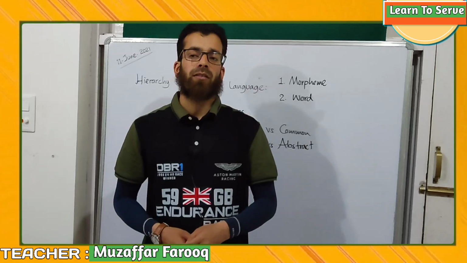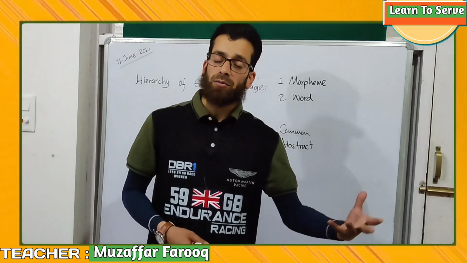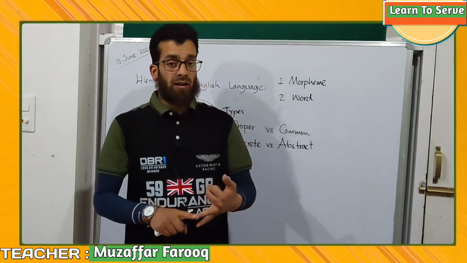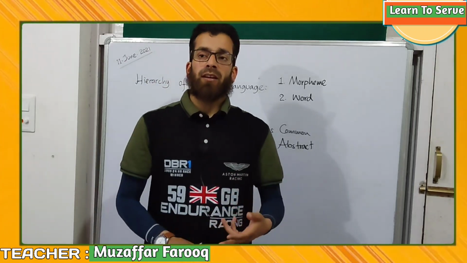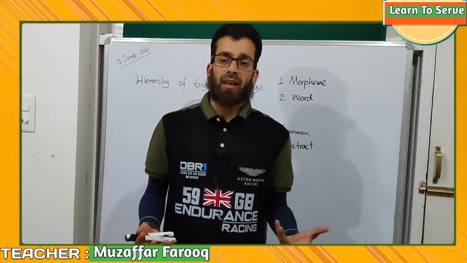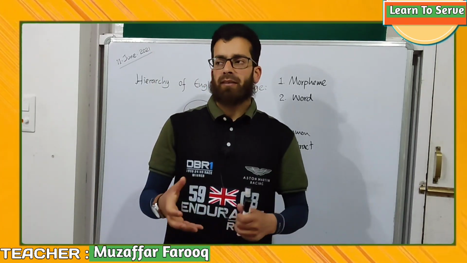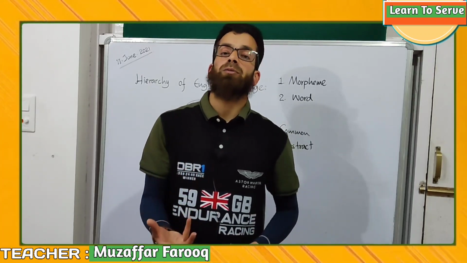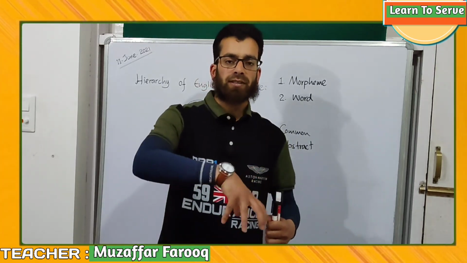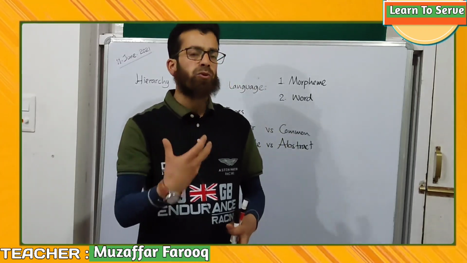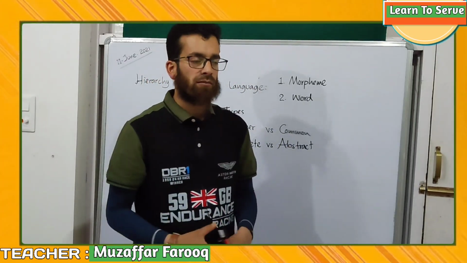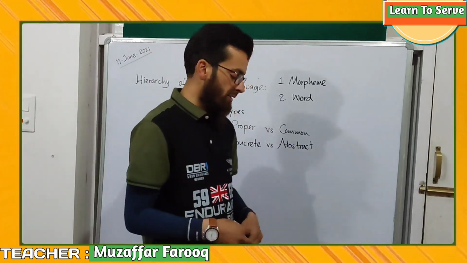If I talk about nouns, then sadness, hunger, or anger. Sometimes the same word can be used as a noun and the same word can be used as an adjective. It depends how you use these words.